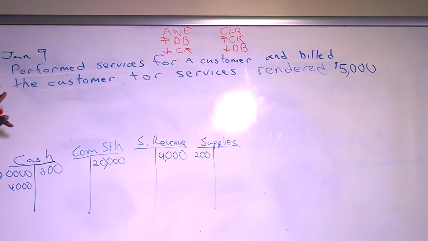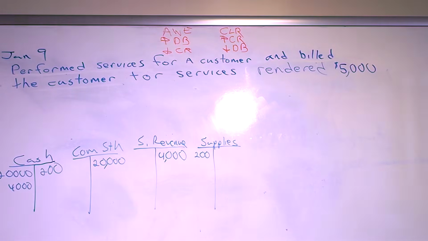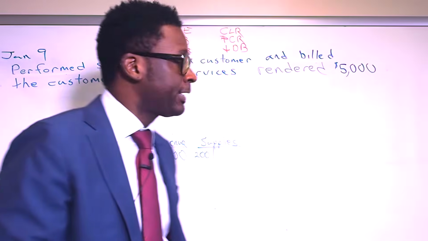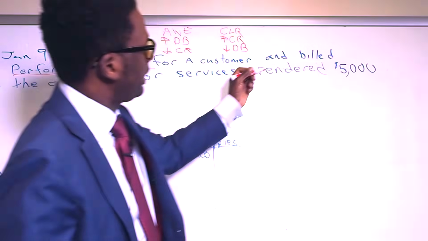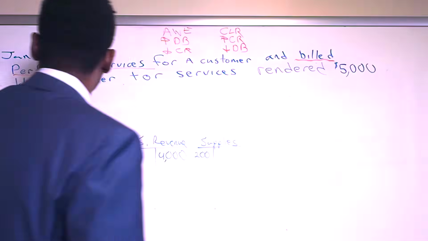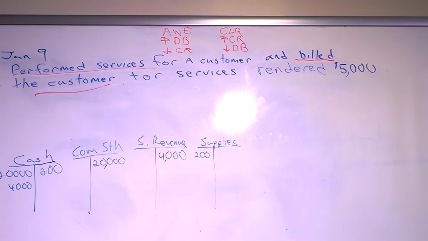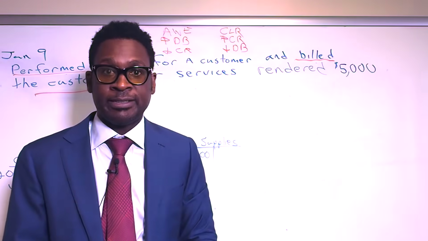January 9th, perform services for a customer and billed the customer for services rendered, $5,000. So we already know what to do, gang. Keywords: perform services and bill customers, $5,000. Now, based on those keywords, what accounts are affected?